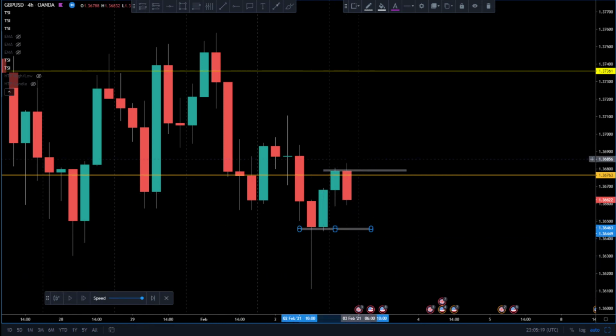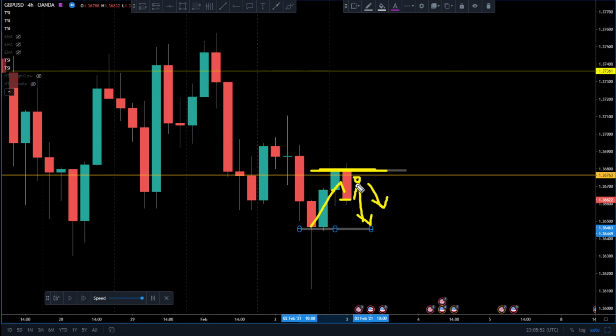I didn't see this at the start. I didn't see that this would have been a really nice sell confirmation to be looking for continuation down. So what I'll be looking for is price to come back up in the UK Open, create a sell pattern that I recognize on the lower time frame to continue taking this down, because my 4-hour closed bearish, lower than the opening price of the previous candle.